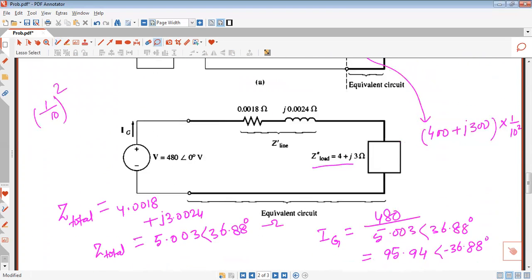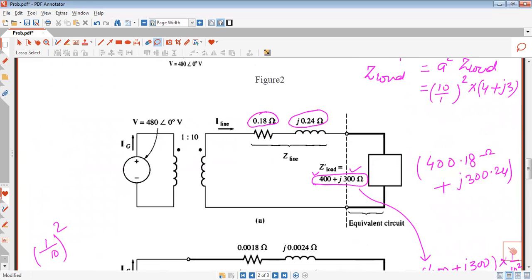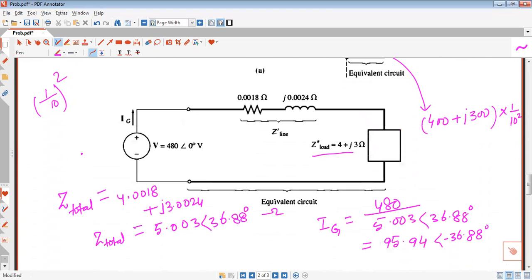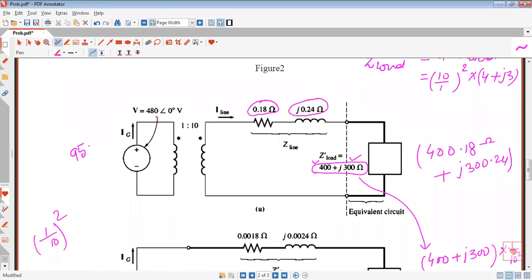Generator current is now 95.94, and angle is minus 36.88.